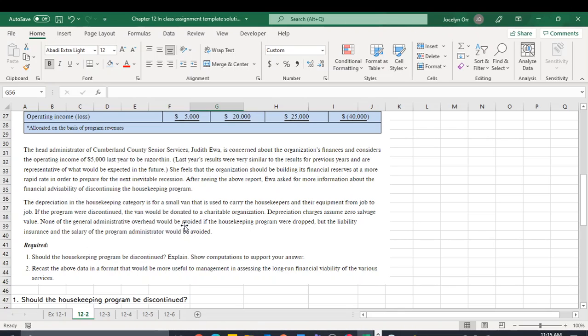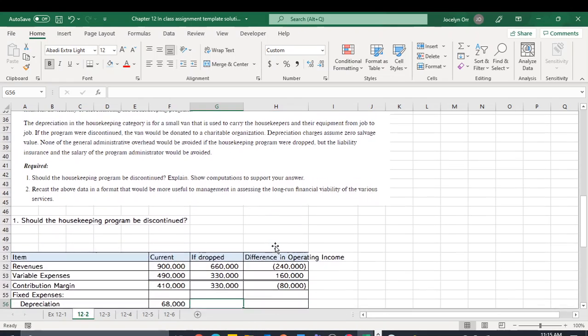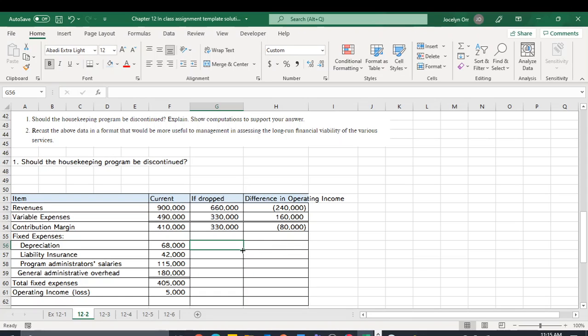None of the general administrative overhead would be avoided, but the liability insurance and the salary of the program could be avoided. So our depreciation is a sunk cost that can't be avoided, so it would remain at $68,000, regardless of whether we drop this segment or not.